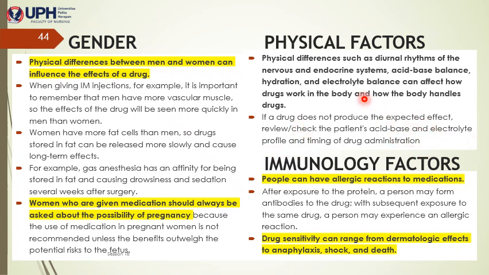So before administering the drugs, we need to make sure that they have what we need. As well as the immunological factor, as people can develop allergic reactions to certain medications, we need to be sure that once we administer the medication, they don't develop drug sensitivity, which can range from dermatologic effects to anaphylactic shock and even death.